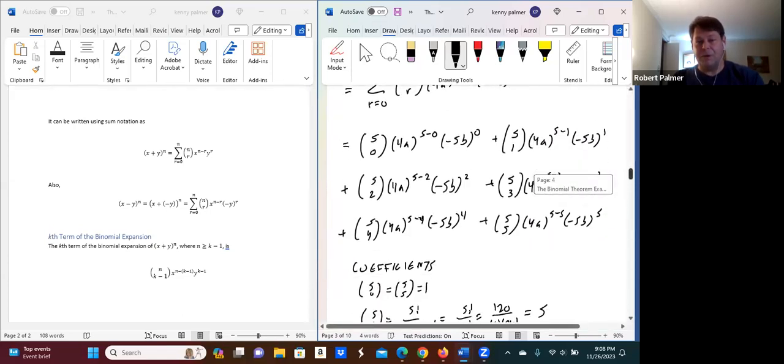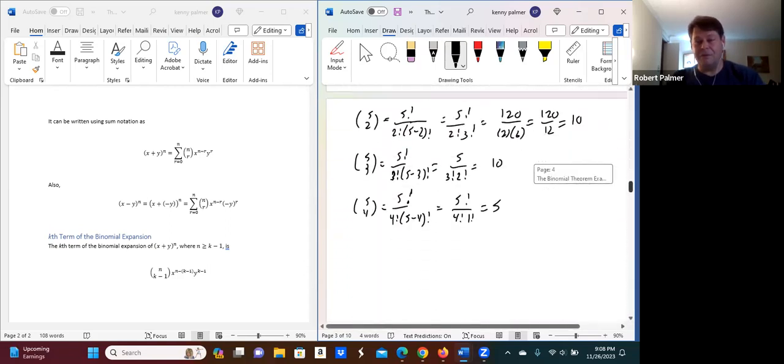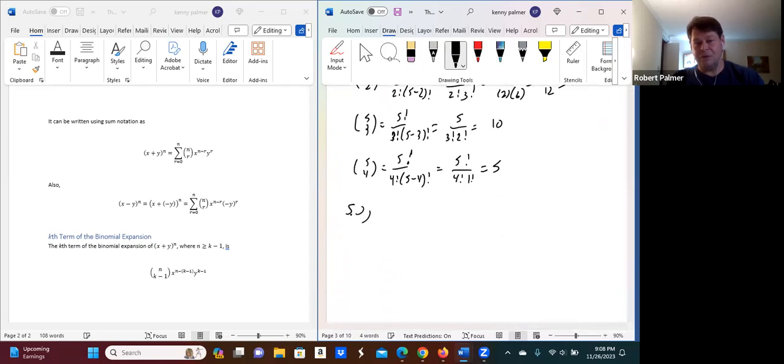So let's start to work with everything. The first term, our coefficient is 1. And we have 4a to the 5th. So 4a minus 5b to the 5th is going to be, the first, of course, the coefficient is 1.